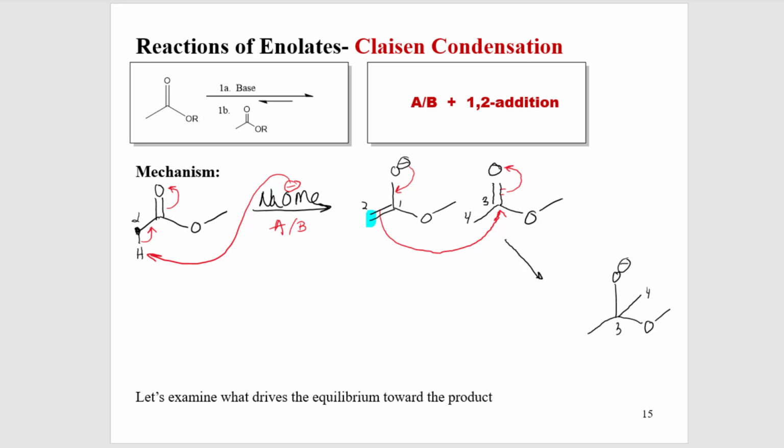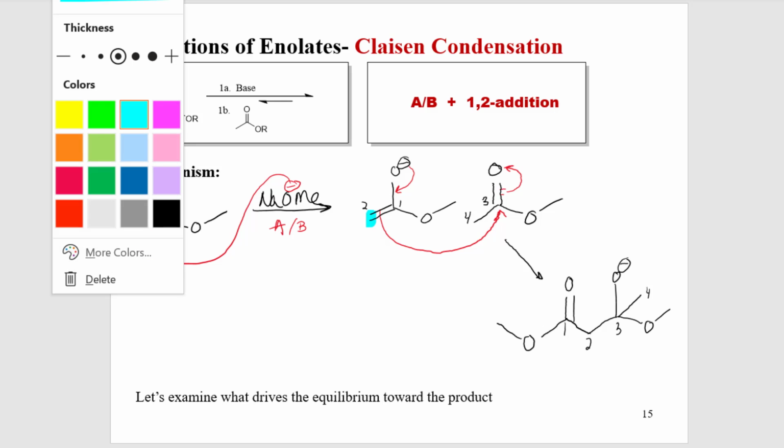Just going to put carbon 4 over here. Carbon 3 has been attacked by carbon 2. Carbon 2 is still attached to carbon 1. Carbon 1 now has the double bond oxygen back, and carbon 1 also has an oxygen methyl off of it. Carbon 2 was the one that did the attacking.